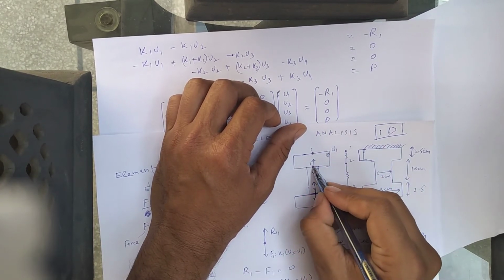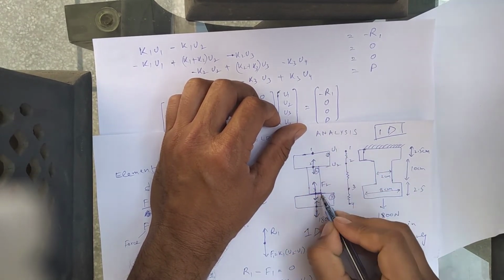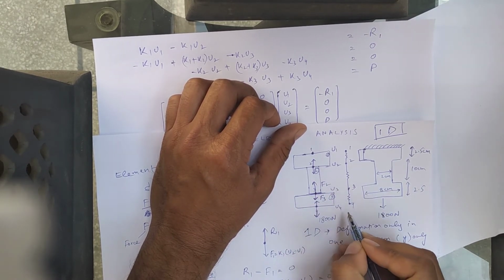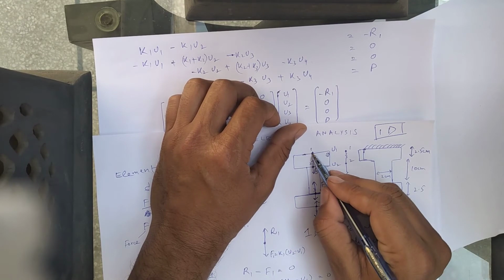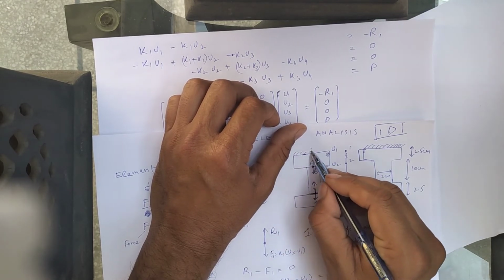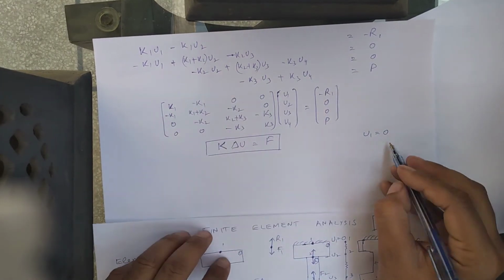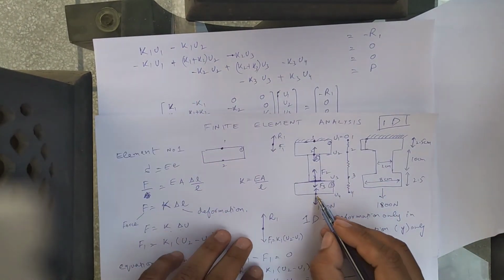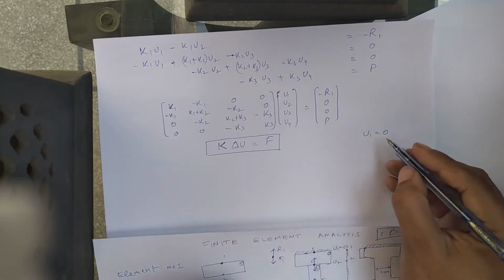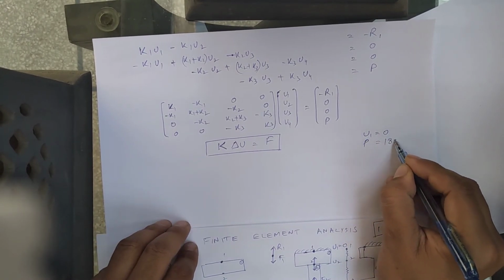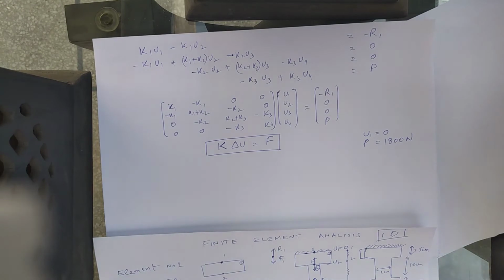In this node we will have U2, in this node U3, in this node U4, right? In this node, because it's fixed, U1 will be equal to 0. This is the first boundary condition. And on this node we have P is equal to 1800 Newton. So these are the 2 boundary conditions we are going to apply.